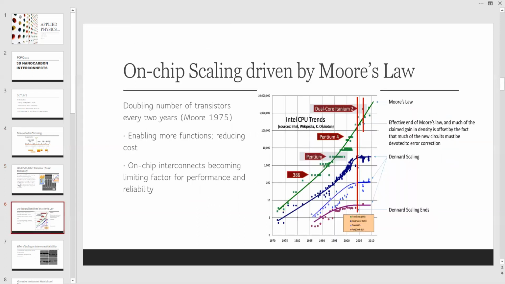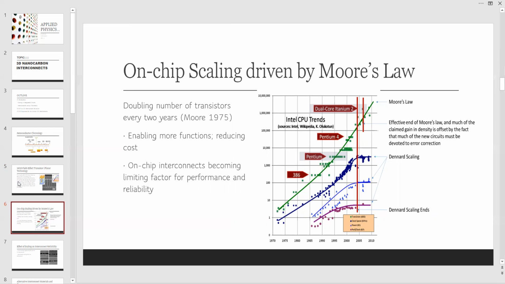On chip scaling is driven by Moore's law, doubling the number of transistors every 2 years, Moore in 1975, enabling more functions and reducing cost. On chip interconnects are becoming the limiting factor for performance and reliability.